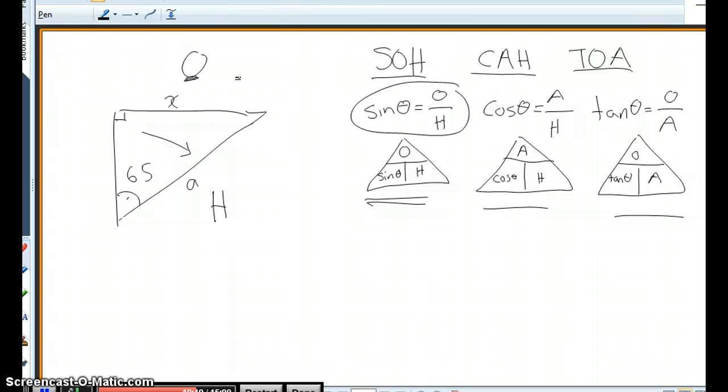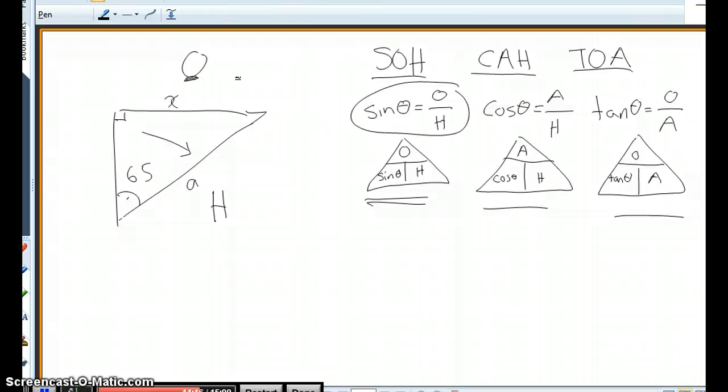If I reversed the problem on you and told you we were looking for the h, and we knew the O, we would cover up the one that we're looking for, which is h, and you would go O, the opposite side, and divide it by the sine of the angle. And these are how those triangles work.